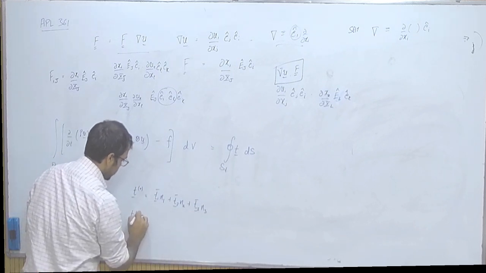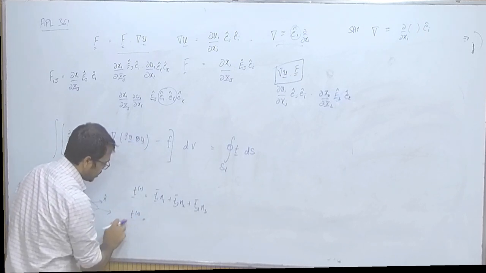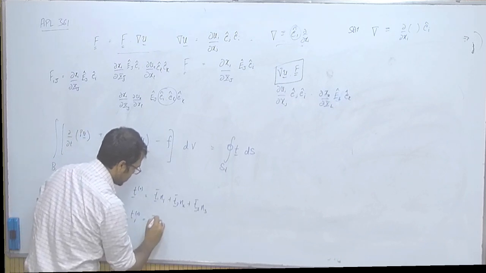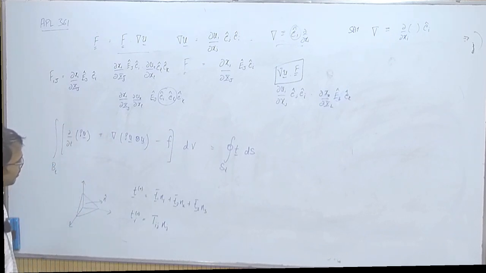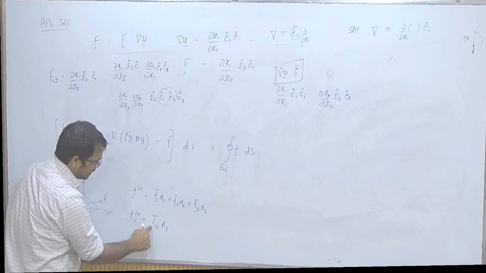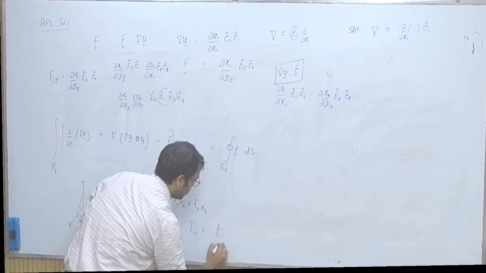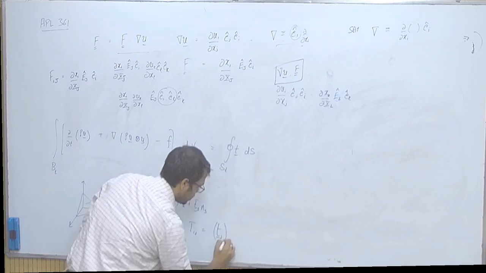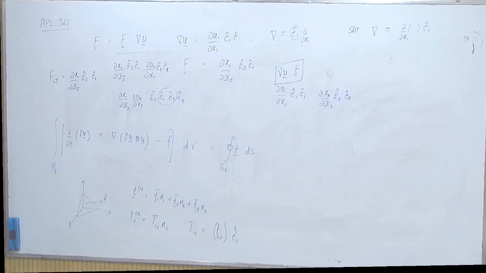So, Tn, from here I had said that the ith component of this guy I can write as Tij Nj, where this Tij is the ith component of the jth traction vector.